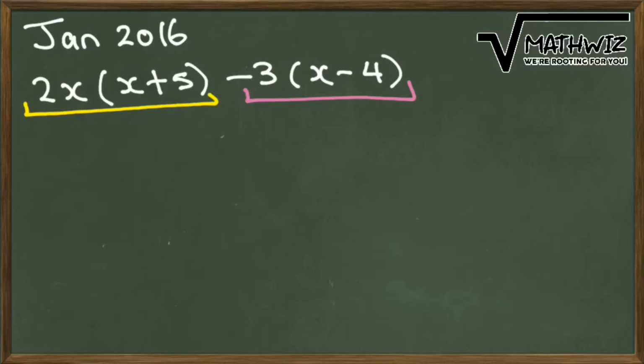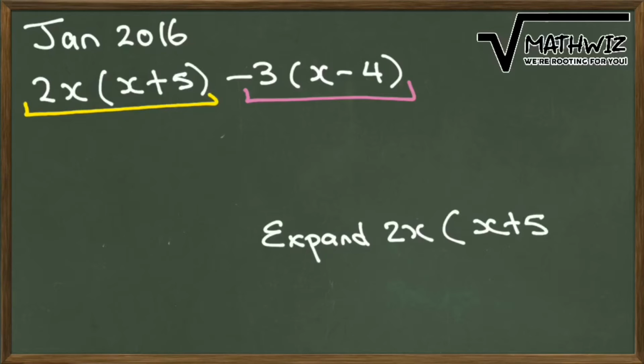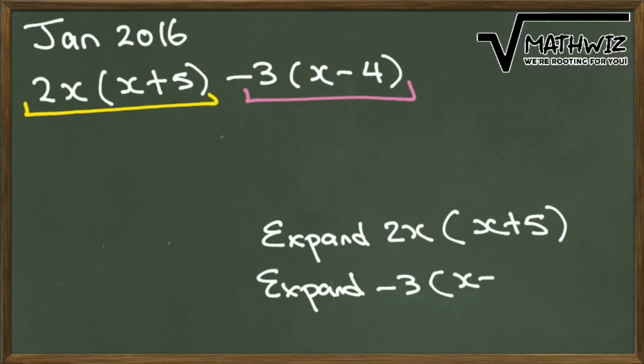Because if I ask you to expand 2x, x plus 5, that's something you would know how to do. If I ask you to expand minus 3, x minus 4, that would be something that you know how to do. So it's really just a combination of those 2 single expansions.